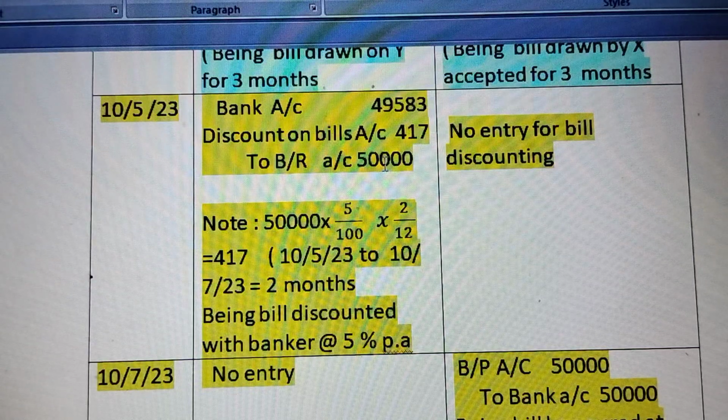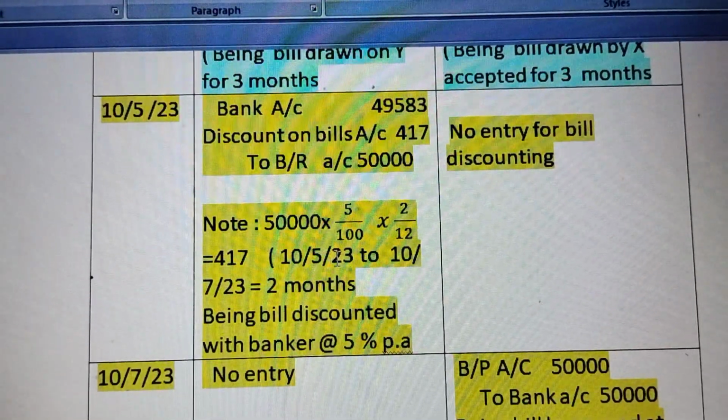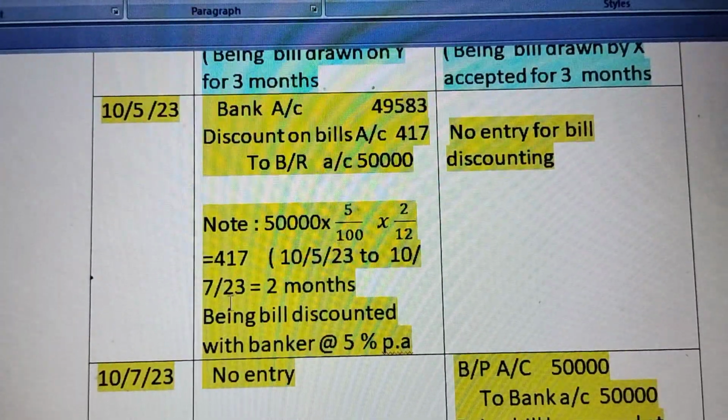It is at the rate of 5%, so 50,000 into 5 by 100. It has been discounted on 10/5 and the date of maturity is 10/7, because the bill has been drawn on 7/4. So 7/4 to 7/7 is 3 months, and if you add 3 days of grace, it will become 10/7/23, the maturity date. While calculating the amount of discount, you have to count the period from the date of discount till the date of maturity, that is from 10/5/23 to 10/7/23, which is 2 months.